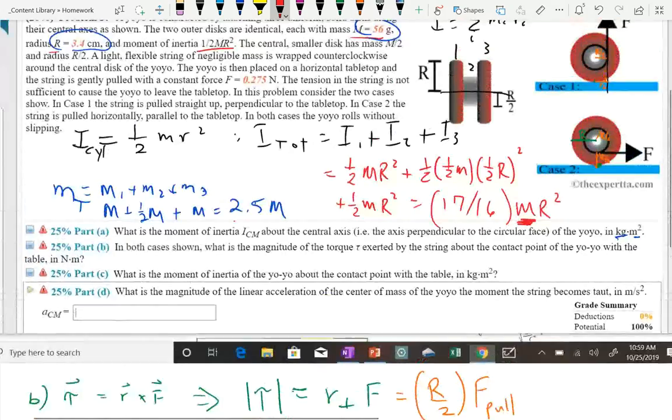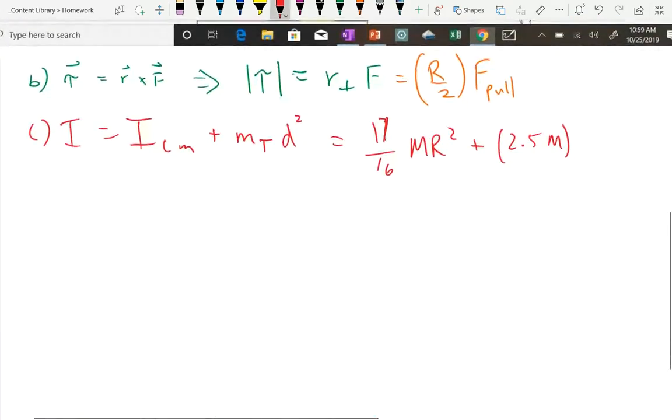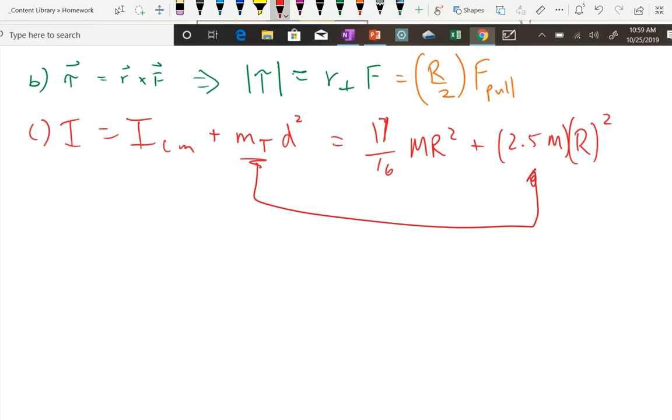If we go from the center to the edge, we've got a distance of R. So that distance is R squared. Yes? Sorry, 2.5 M is the total mass. That's the total mass, yeah. 2.5 M is 2.5 multiplied by the M, not 2.5 multiplied by the total mass. Okay, M sub T is 2.5 capital M. There we go.